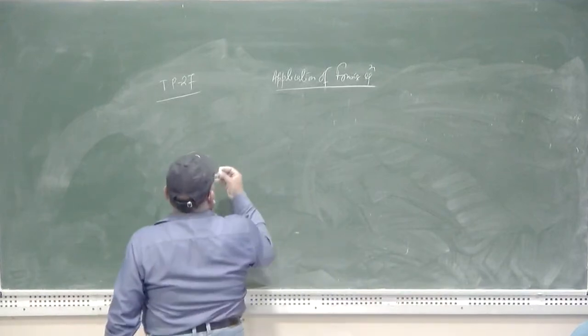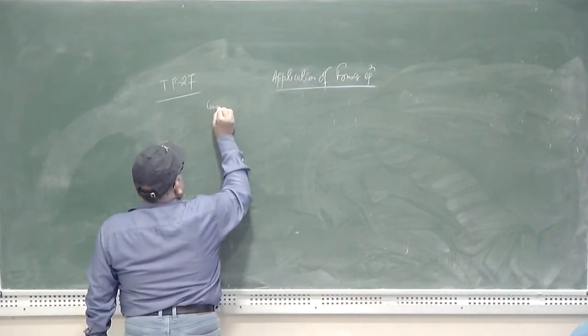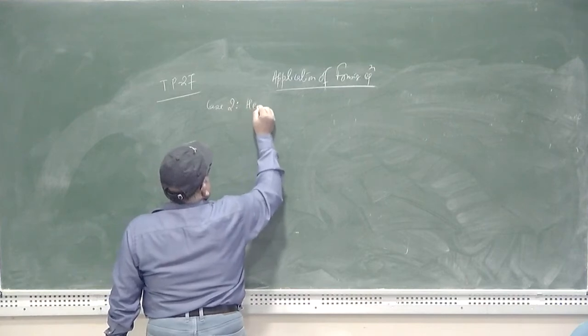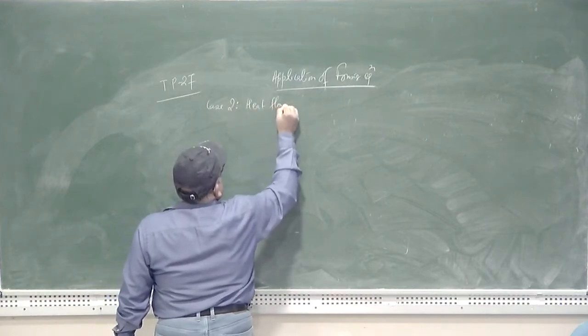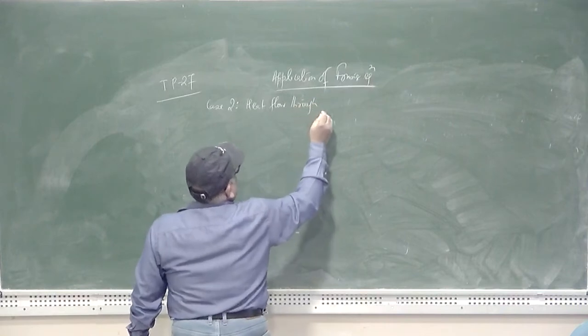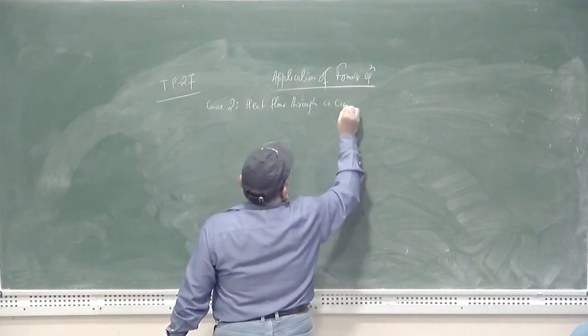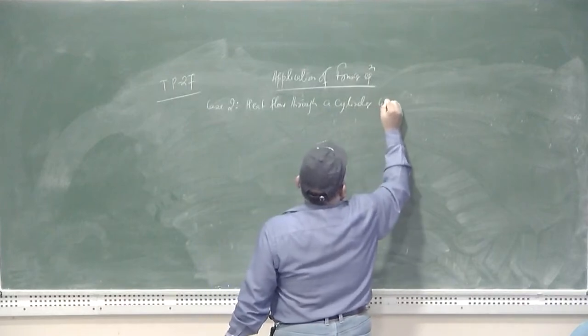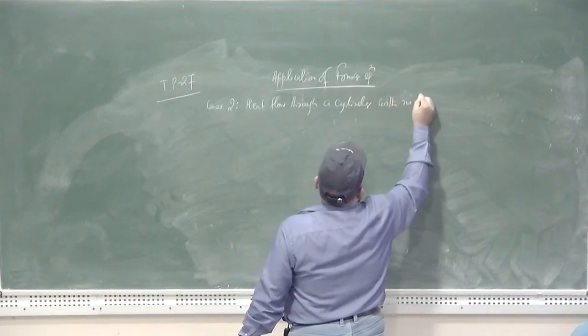So case number 2 is the heat flow through a cylinder with no heat generation.